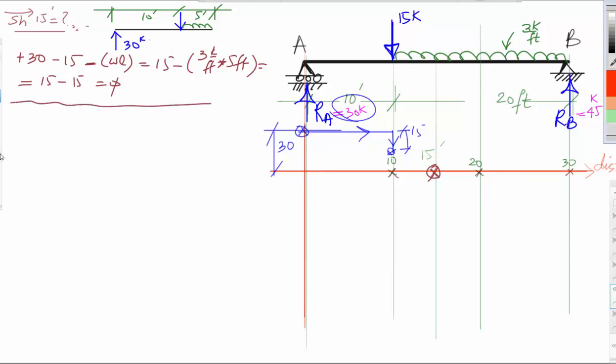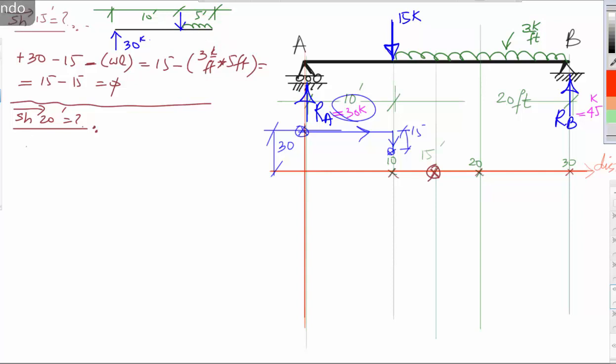Now if we continue, the shear at 20 from left is equal to how much? Same. The only thing, this distance changes, that's the only thing.